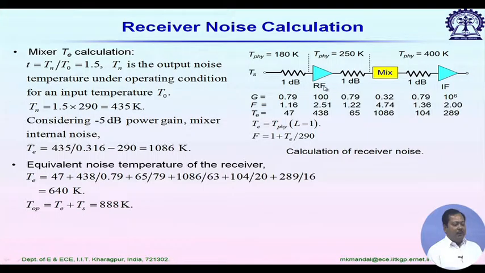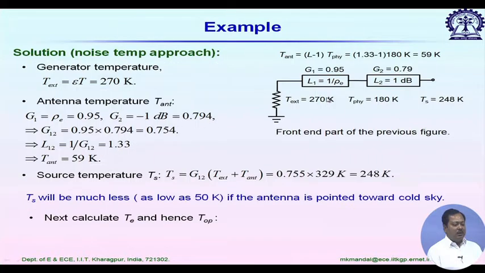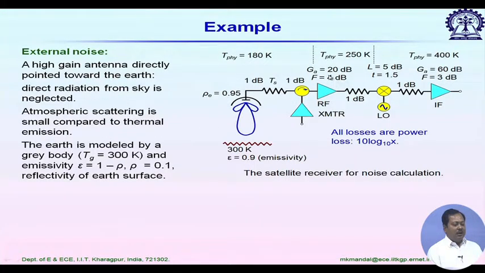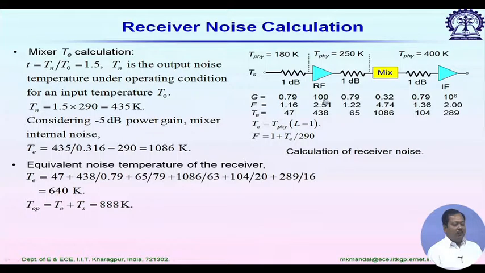Next we have the LNA, for which in the first slide gain is given as 20 dB, noise figure is given as 4 dB. So the corresponding gain is 100, and the noise factor, converting from log to fraction, is 2.51. Again 1 dB, it's 0.79 and 1.22.